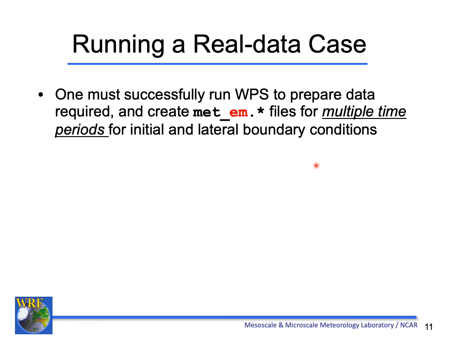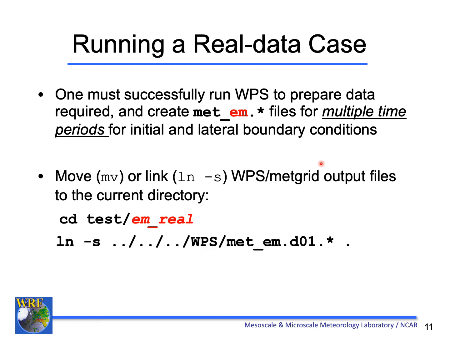We need to make the data available in this directory. We can do so by moving or linking the files to this directory. The command shows how the files are symbolically linked to the current directory. The option is -s here.